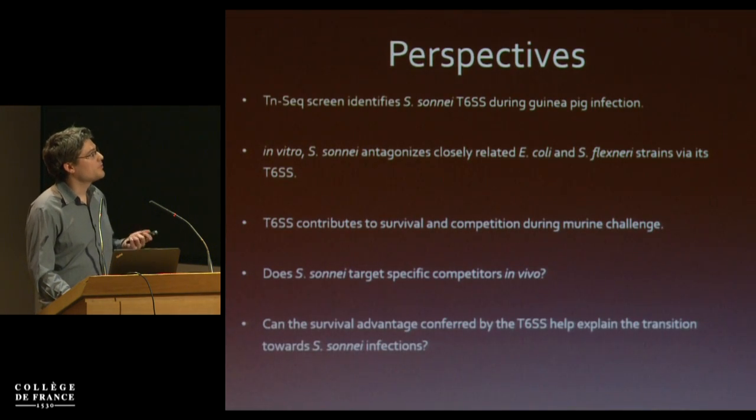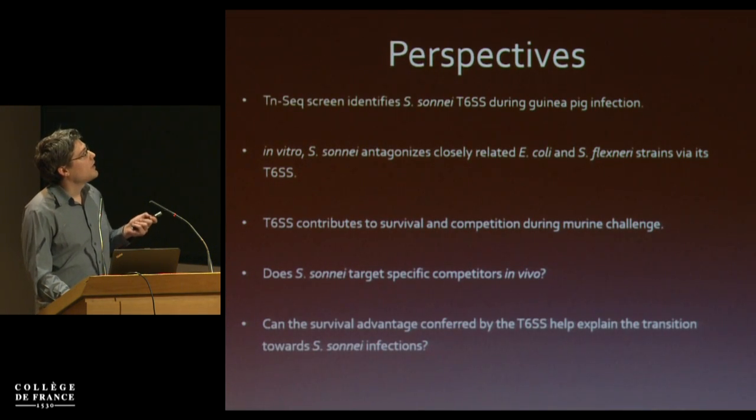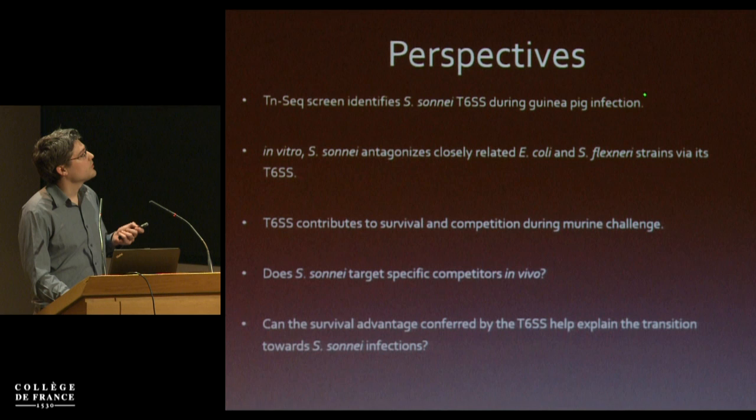So just by way of perspectives and conclusions, we ran a Tn-seq screen that identified the type 6 secretion system in Shigella sonnei during our guinea pig infection. In vitro, Shigella sonnei antagonizes closely related E. coli and Shigella flexneri strains using its type 6 system. The type 6 system is required for survival and competition during challenge in a mouse.